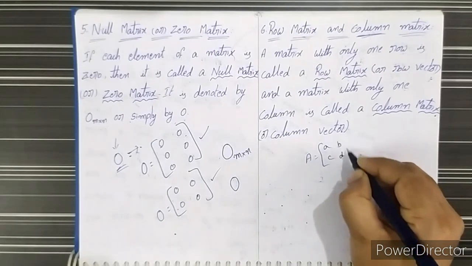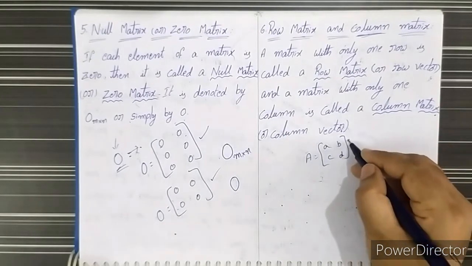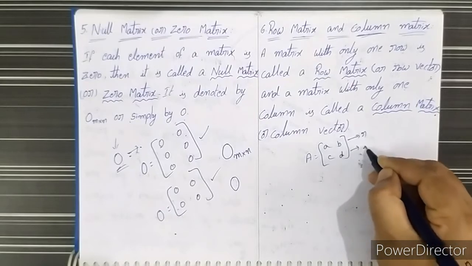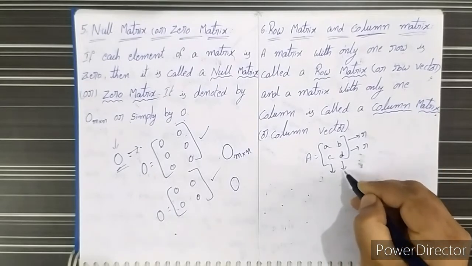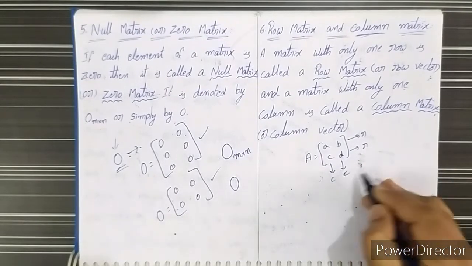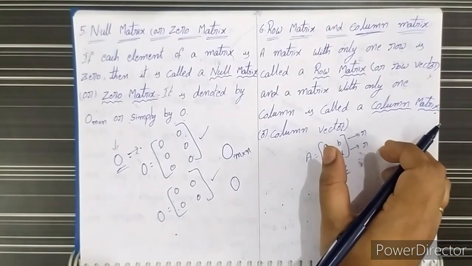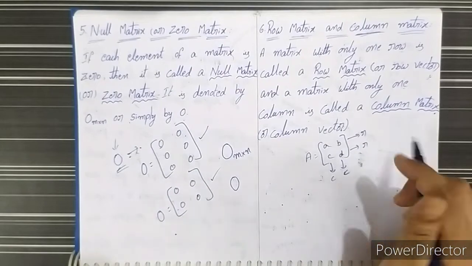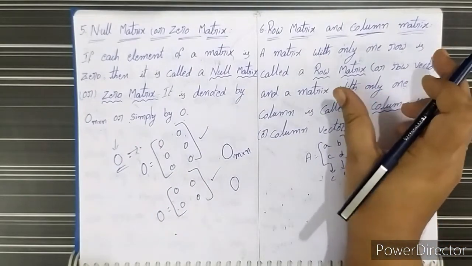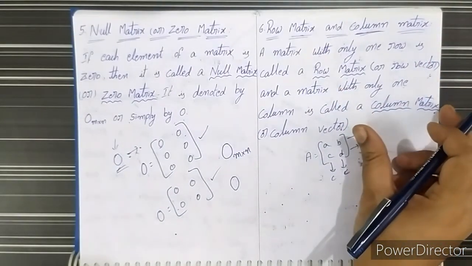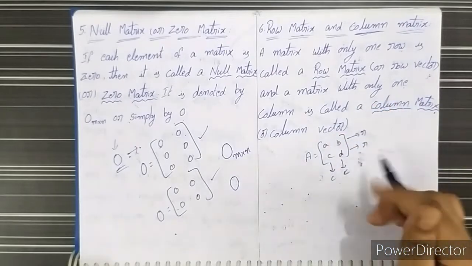This is one matrix. In this, these are the rows. These are the columns of a matrix. If we call a matrix a row matrix, then that matrix has only one row and so many columns.